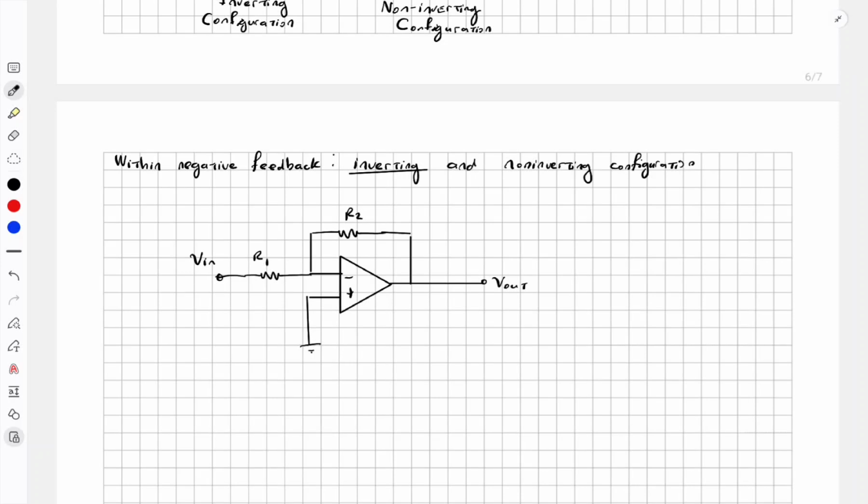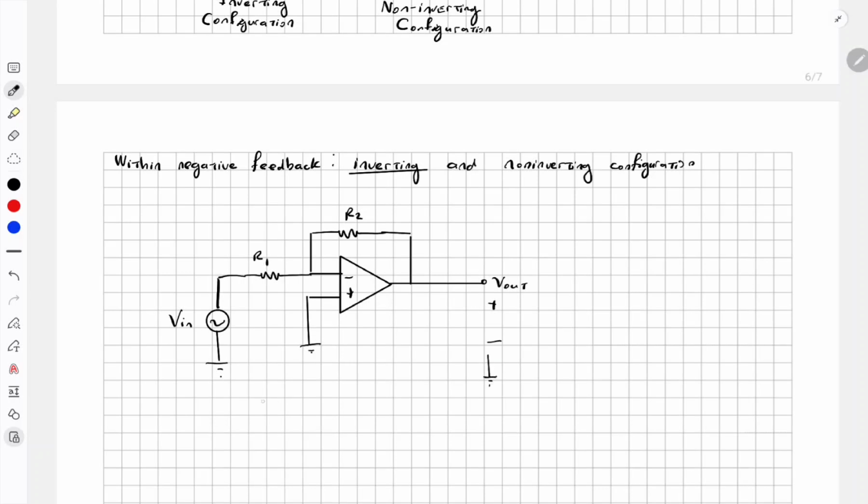Now, V in is defined in reference to ground. So we have our V in like this, and it's in reference to ground. And V out is measured in reference to ground.